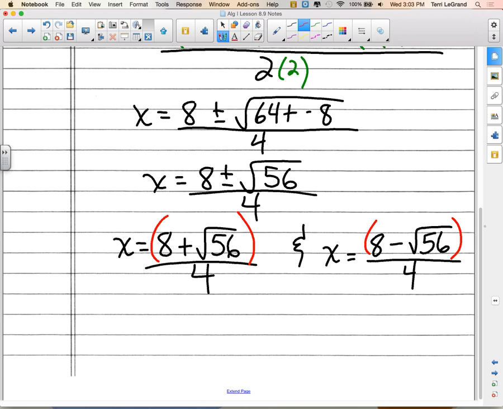8, we're going to start with a parenthesis, 8 plus radical 56. I think some calculators in here do this. When you're typing along and you do this radical sign, it makes another parenthesis. Anybody's calculator do that? Yeah? So now I made a parenthesis here, so you're going to put a 56.